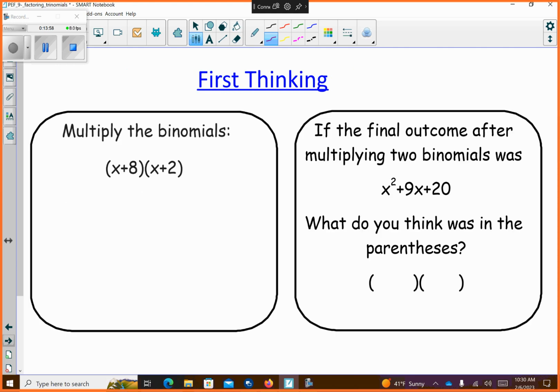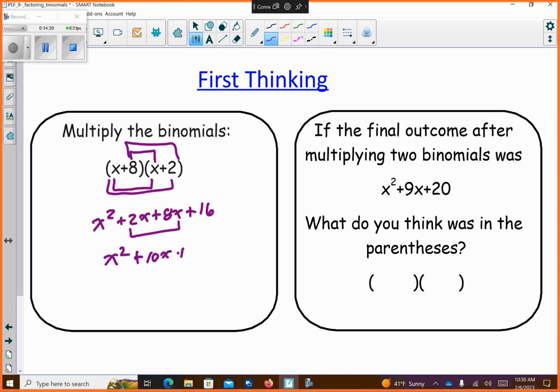Okay, so the first thing we're going to do, if I were to multiply these together, I get x times x, which is x squared, x times 2, which is 2x, 8 times x, which is 8x, 8 times 2, which is 16. And then these are like terms. This is prior knowledge, yes? I hope.